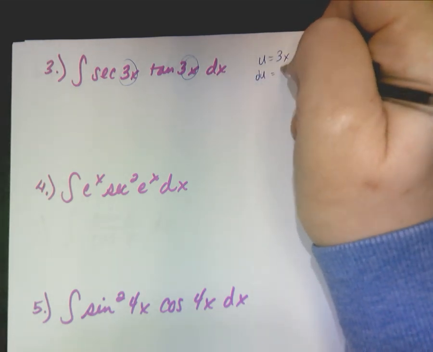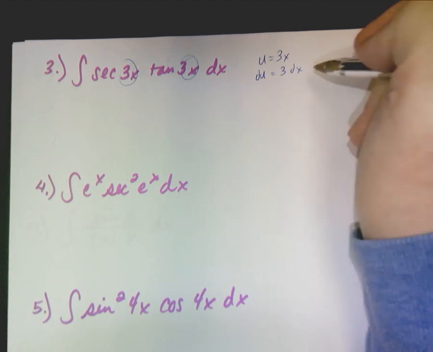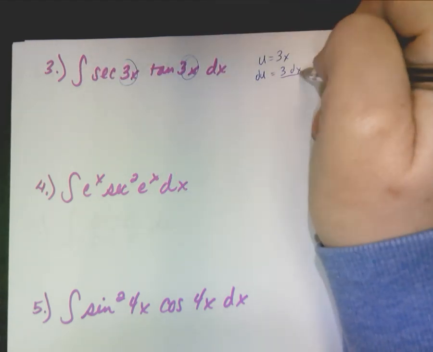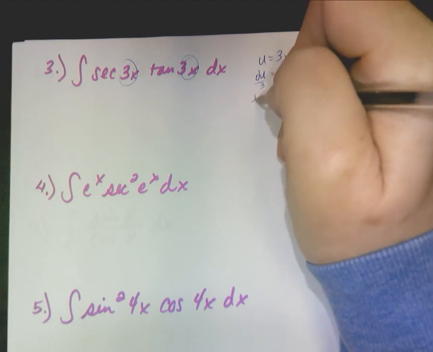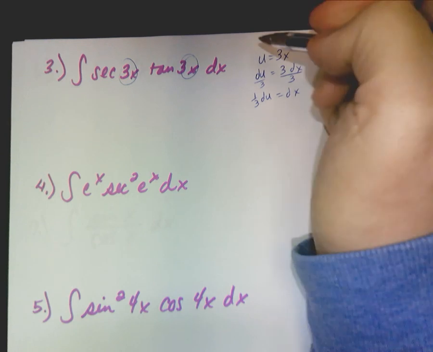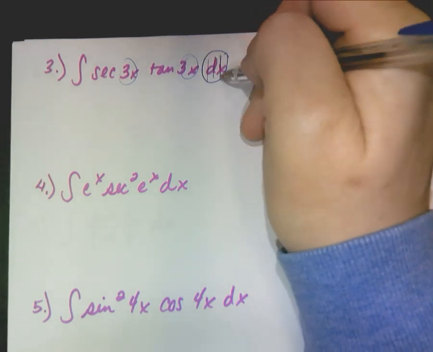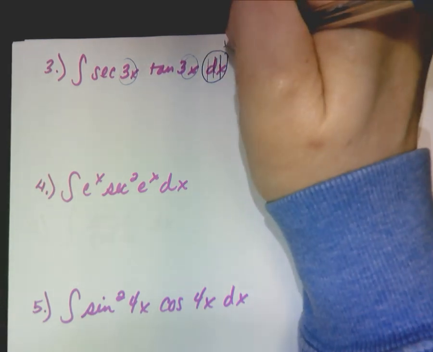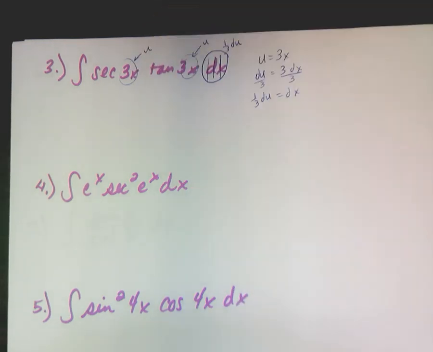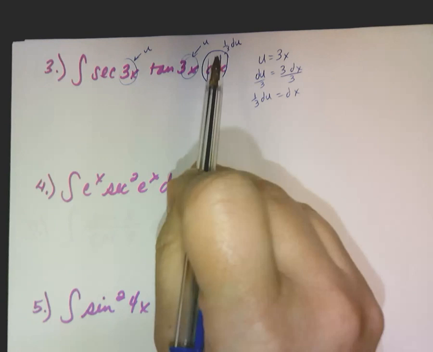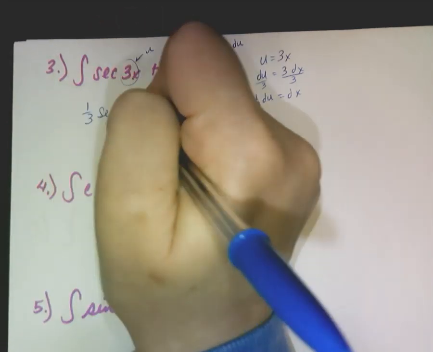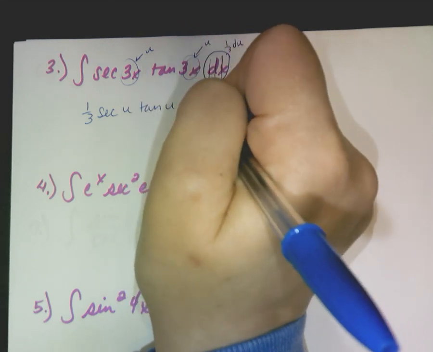The du would be 3dx. I don't have a 3, so what do I do with that 3? Well, I have to divide by 3. So a third du is equal to dx. So let's rewrite this. This guy right here, I am now going to replace with a third du. This and this are both my u's, because that's what the formula says. So 1/3 secant u tan u du.